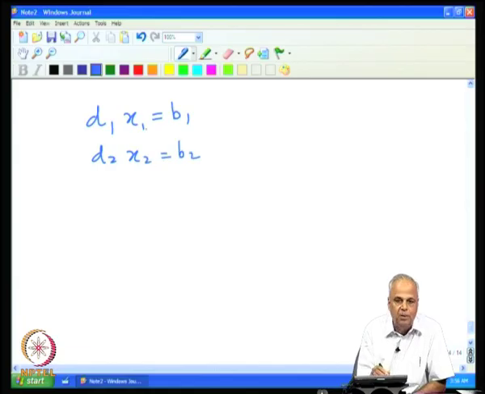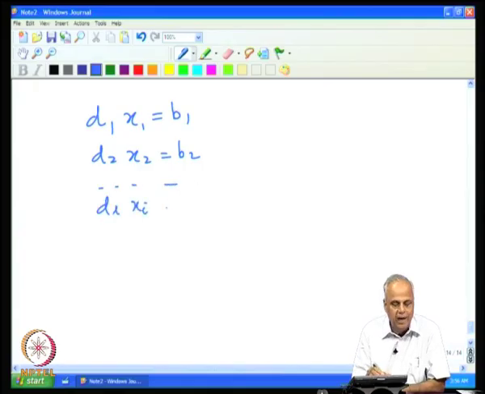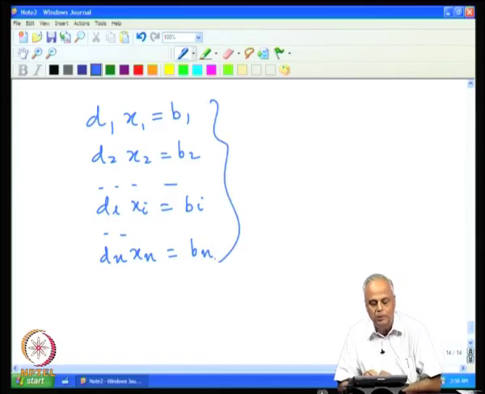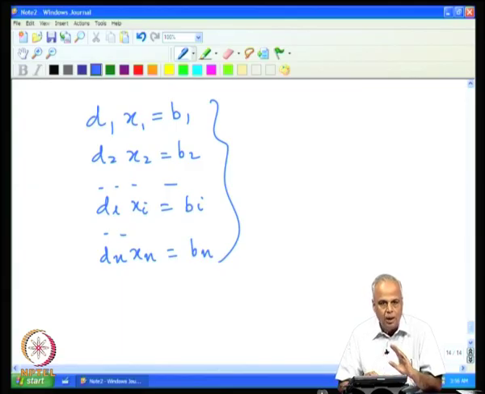Note, the first equation involves only x1, the second equation involves only x2, the ith equation involves only xi and so on, and the nth equation involves xn. So, this is one of the simplest situations of a system. We have n equations, we have n unknowns, the unknowns are all completely decoupled, and the ith equation involves only the ith unknown. So, therefore, we can easily try to solve these equations.